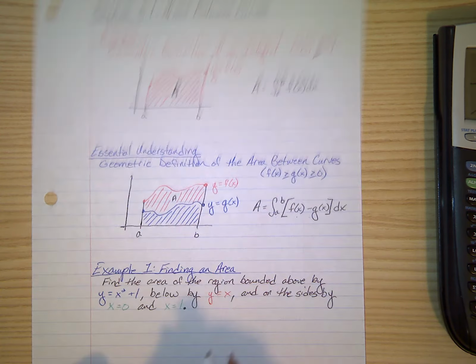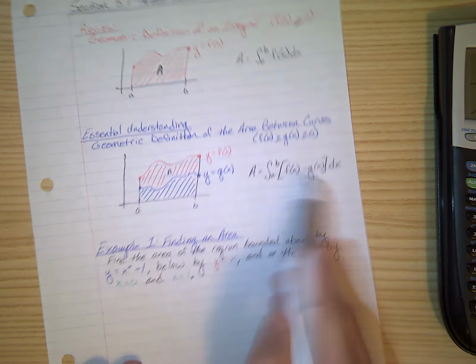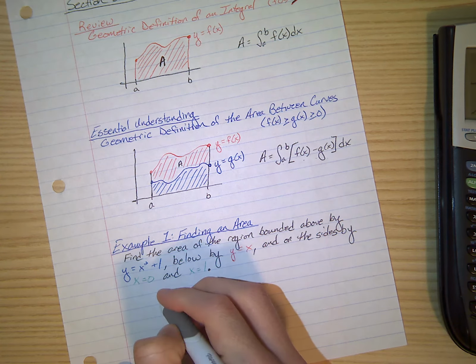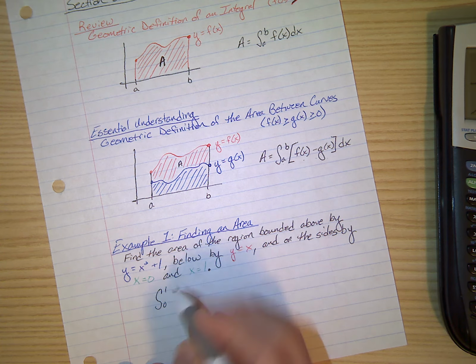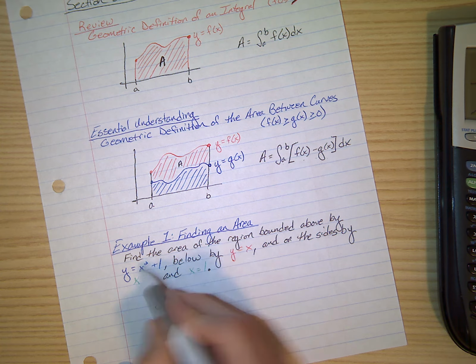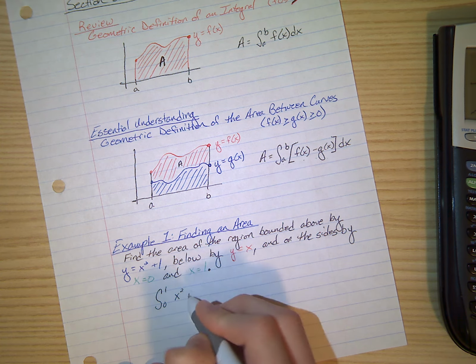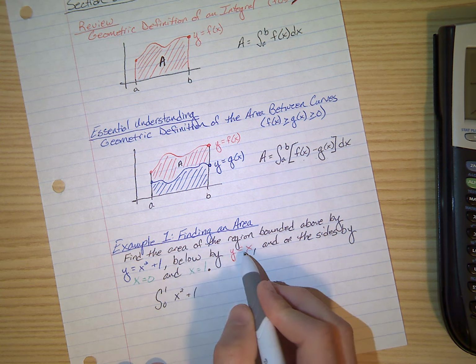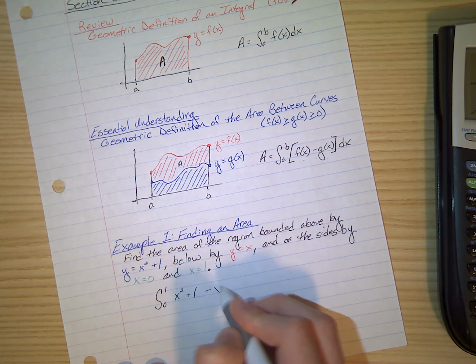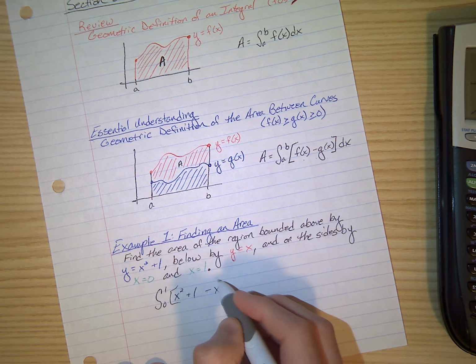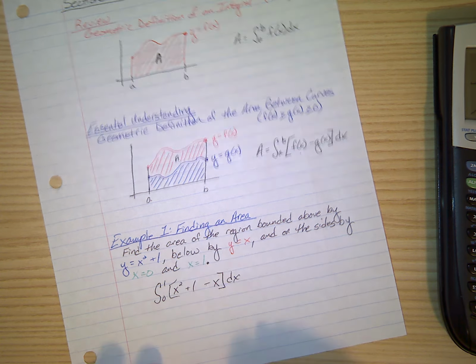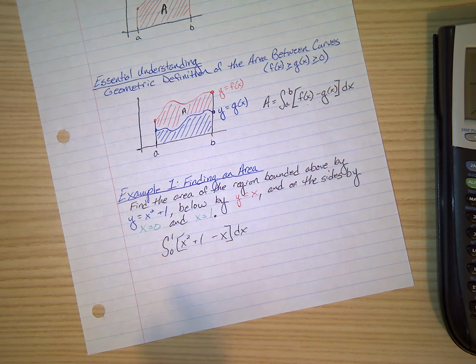So what we need to do, set it up, just like using the formula it tells us, the integral from 0 to 1 of our upper function, x squared plus 1, minus our lower function, x, dx. Now for us, you could just type that into your calculator, all in one thing, evaluate it from 0 to 1, but it's always good practice to do this by hand.